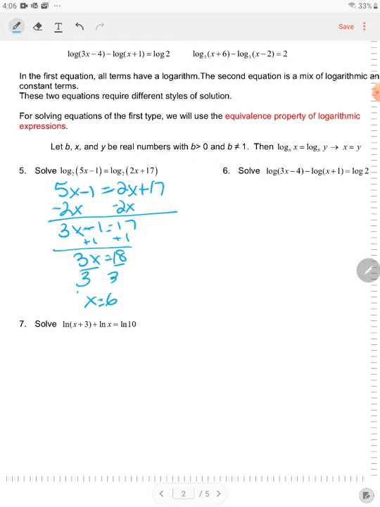Now, because logarithms have restricted domains, we have to check our answer. Mainly, we don't want to try to take the log of 0 or the log of a negative.